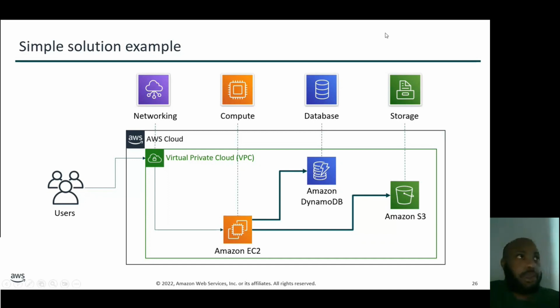Now, simply to take that simple structure where we would have in a traditional sense, in a cloud, it will be running using these services.